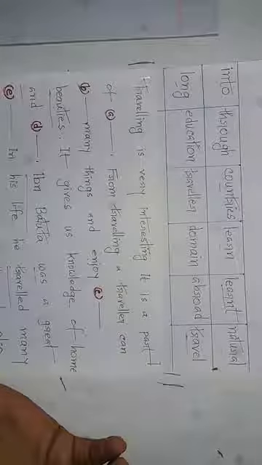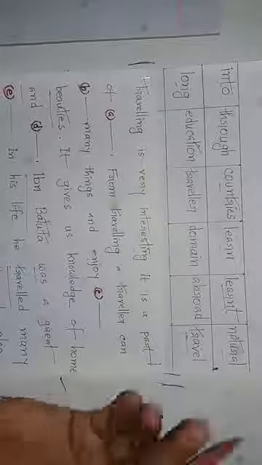And in the box, you have a verb, travel. If you use this verb, the meaning is clear. So the correct word here is travel. This is the right answer.